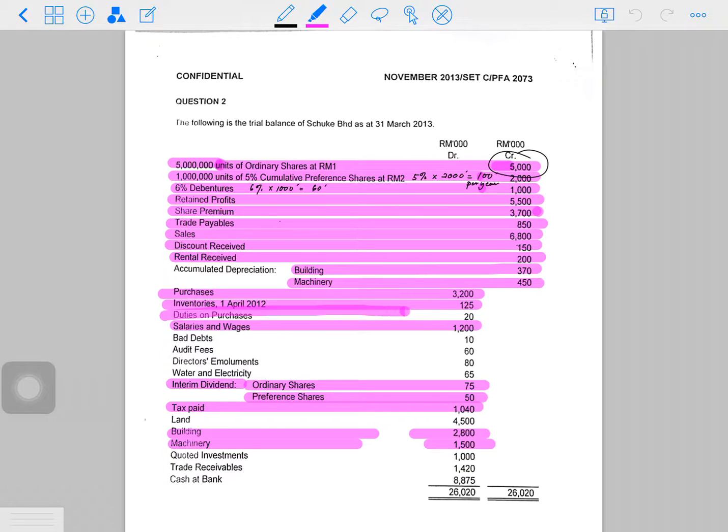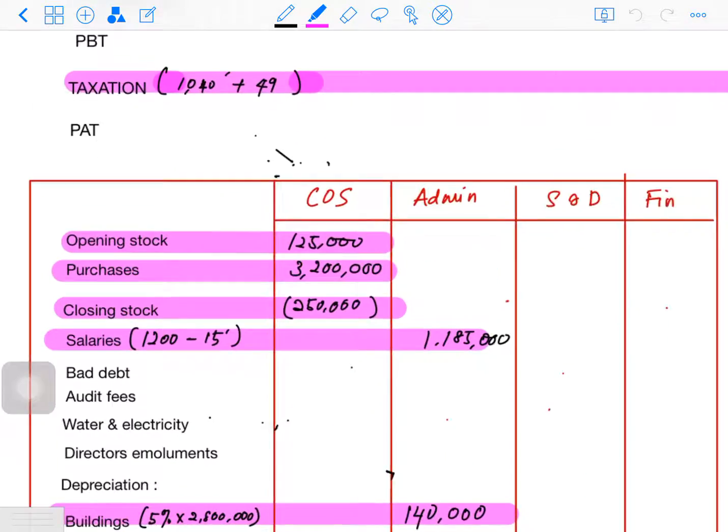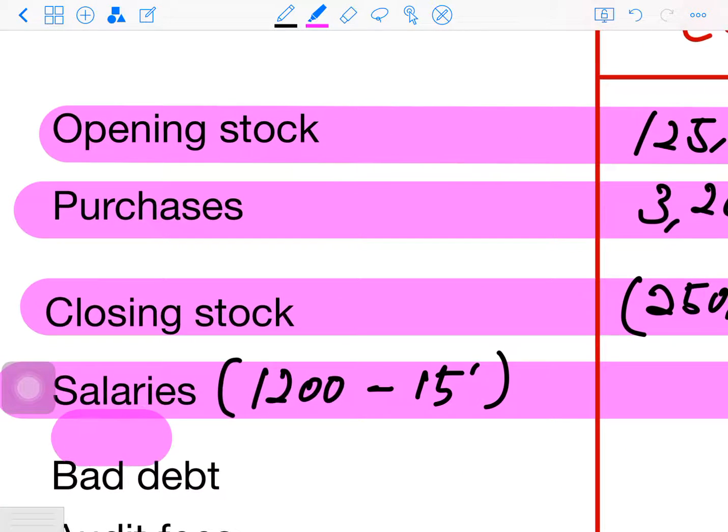Duties on purchases, also under cost of sales. Duties that you pay on your purchases will be categorized into cost of sales. These are the cost of bringing the goods to their present location and condition ready for sale. So it is included in your cost of sales, part of expenses. Let's put it here, duties on purchases.